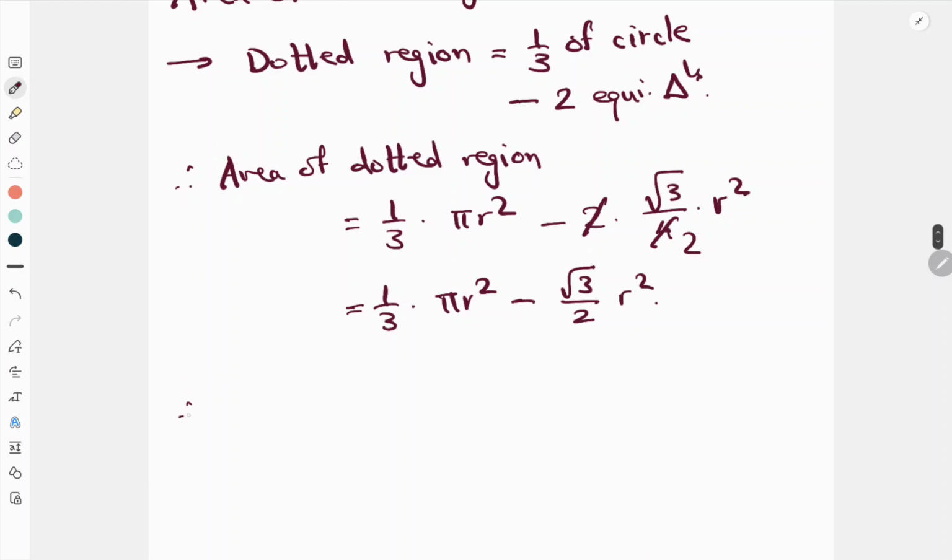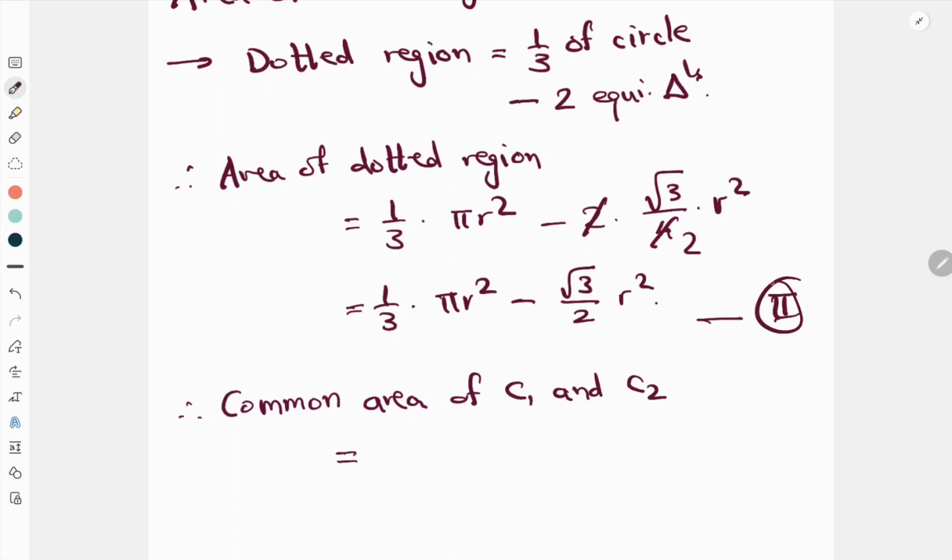So now we have all the ingredients here. The common area of the two circles C1 and C2, let's call the dotted area 2, is equal to 1 plus 2.